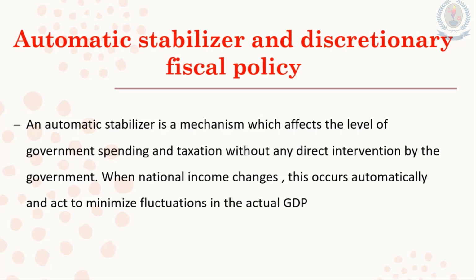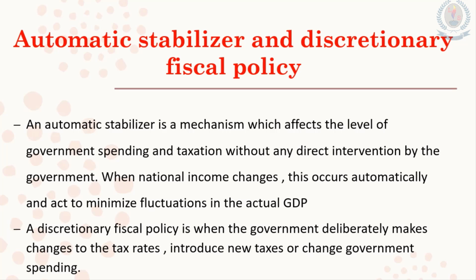Government spending and taxation are both automatic stabilizers. This means changes in government spending and tax revenue occur automatically as GDP changes.